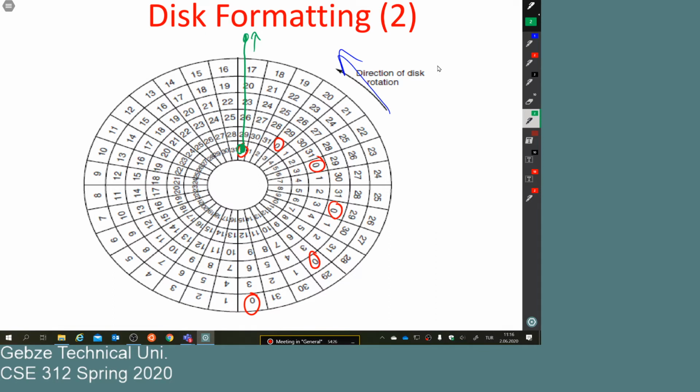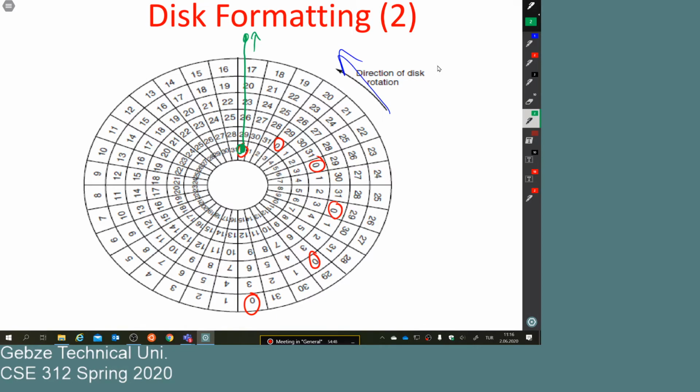When I move my head to the upper track, I know that the disk continues spinning, right? The disk spins very, very fast. Arm movement is not that fast. So when I move my read write head from one track to the other track, I know that the disk will keep spinning.